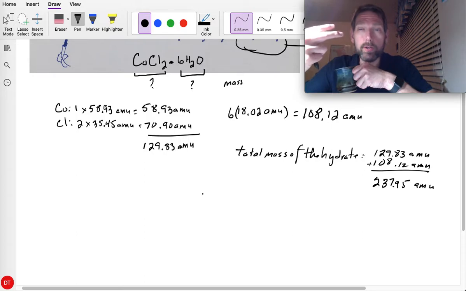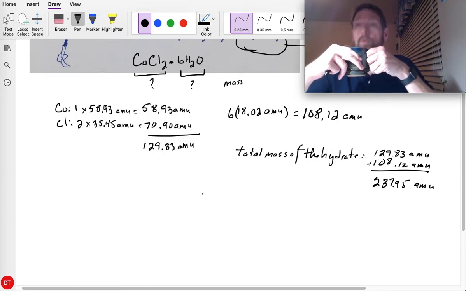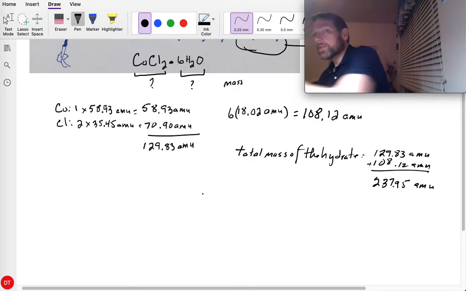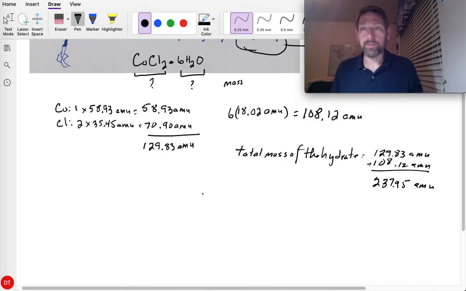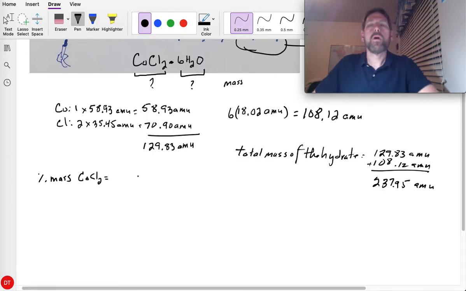Those are 2 ratios that we can basically get a fraction from, which will give us a percentage. And obviously those percentages would have to add up to 100% because both of the numbers together add up to the total mass, right? All right, so we can look at this and think that percent mass of the cobalt chloride, right?